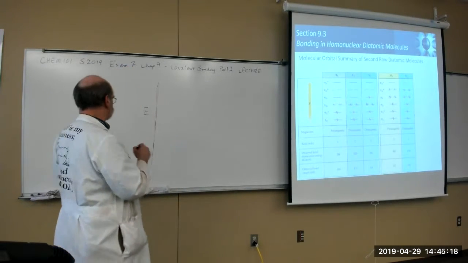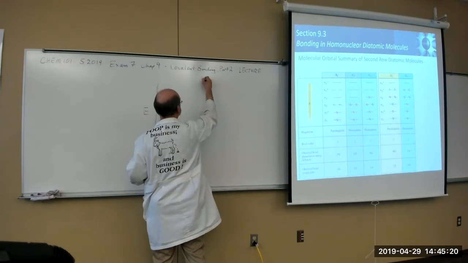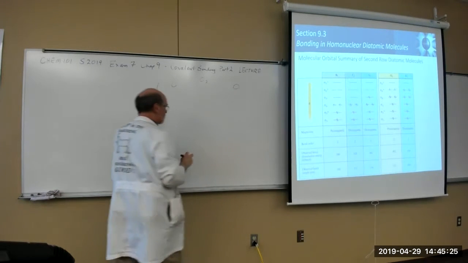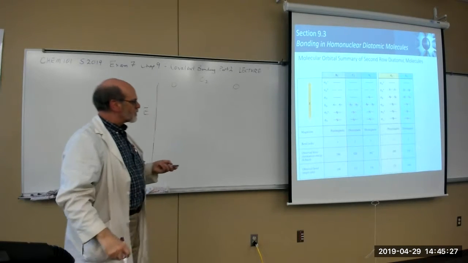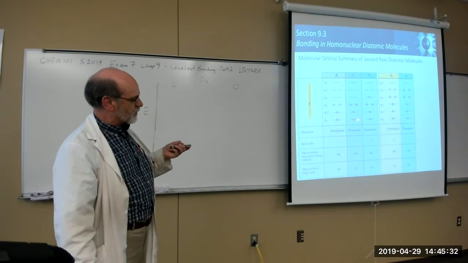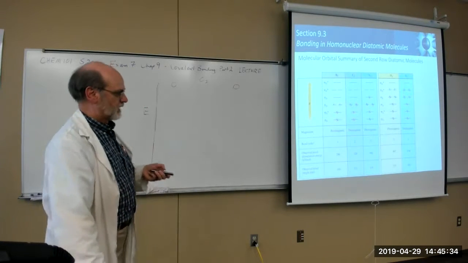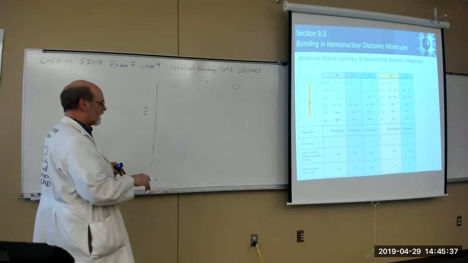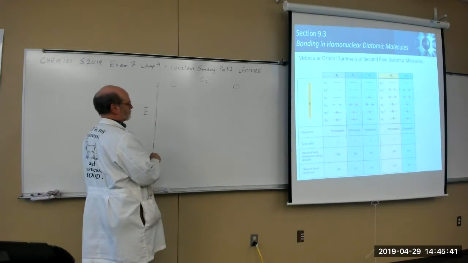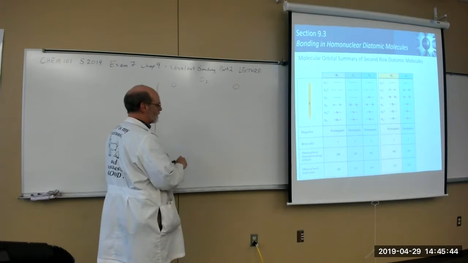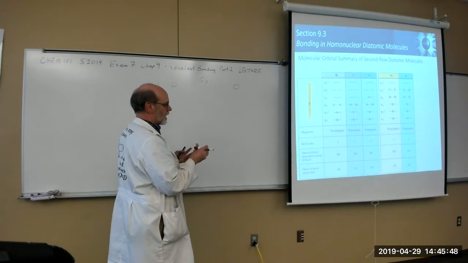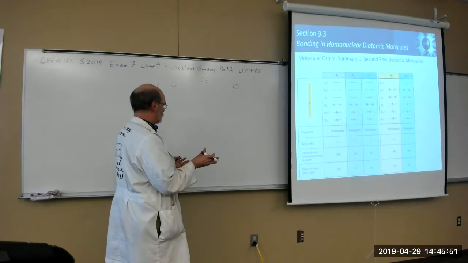Let me illustrate. For dioxygen, we have the two oxygens here, and for simplicity, we're not going to use the 1s orbitals, because the 1s's are the same for every one of them. So we'll leave the 1s's out and focus on the second period electrons. For oxygen, we've got 2s and 2p orbitals.